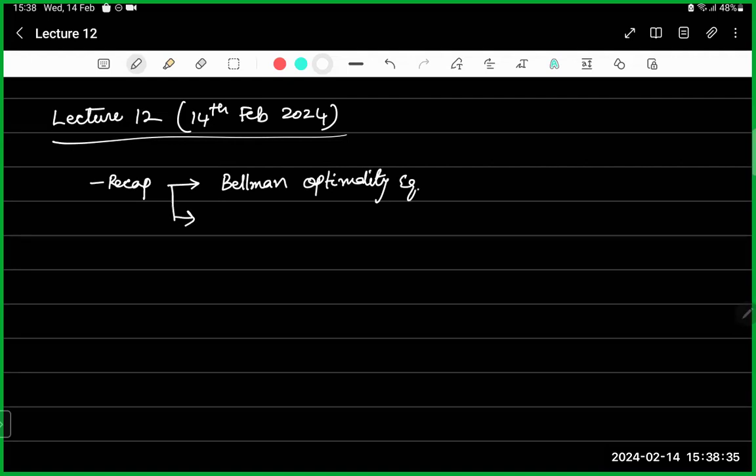And then after that, we discussed a diagram called the backup diagram. And then we also saw an algorithm called the policy iteration algorithm.